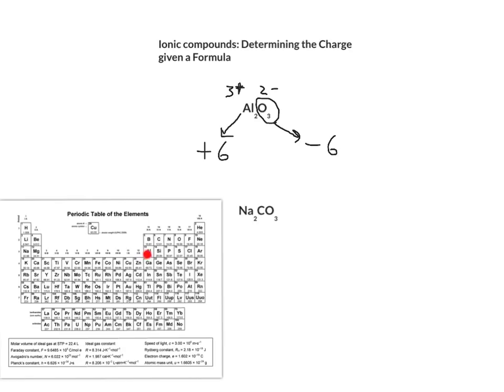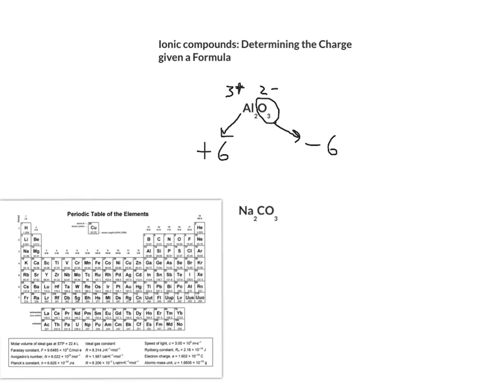It loses 1, 2, 3 electrons to become like neon, from 13 to 10. The charge for each aluminum cation is plus 3. 3 times 2 is 6. The charge of each oxygen anion is minus 2. 3 times minus 2 is minus 6.